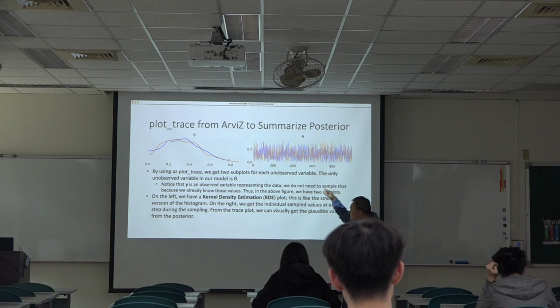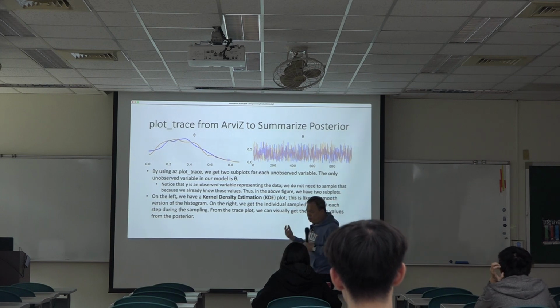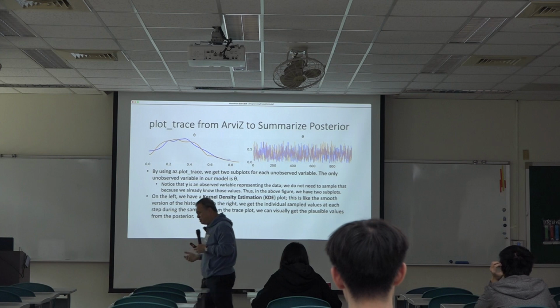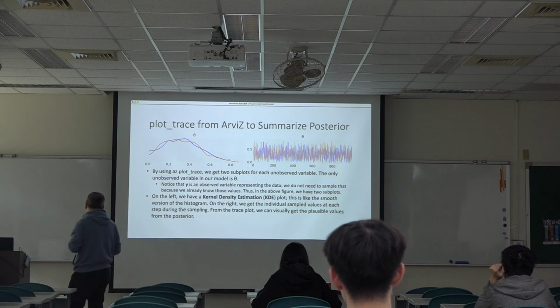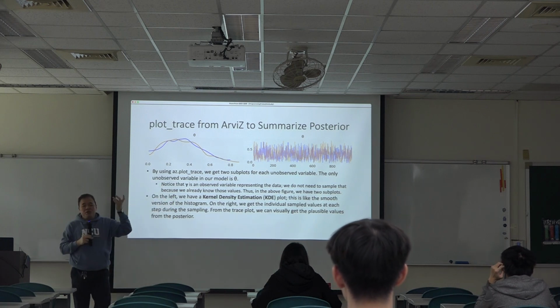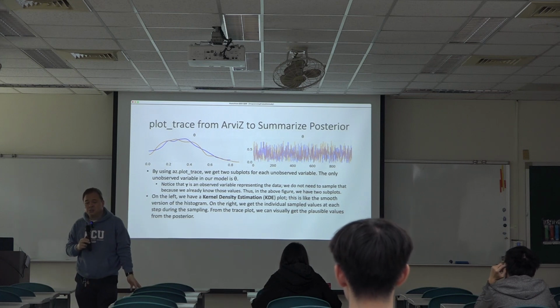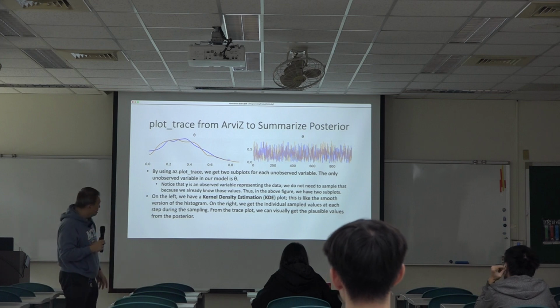You can see the theta value jumps around. This is reasonable. I cannot explain too much what this is until a later time, after I explain the concept of MCMC. But at least you can understand the left-hand side: that's pretty much the posterior distribution that we obtained from these two chains.